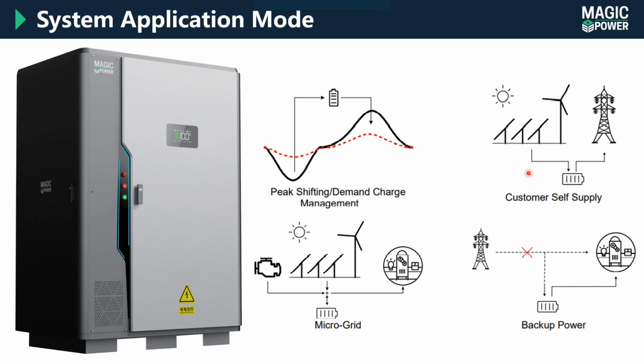Customer self-supply enables customers to generate and use their own solar power, reducing dependence on the power grid. It can work as a microgrid, supporting small-scale independent power networks for communities or facilities. Backup power. In this case, the system provides reliable power during a grid outage to keep the essential appliances running.